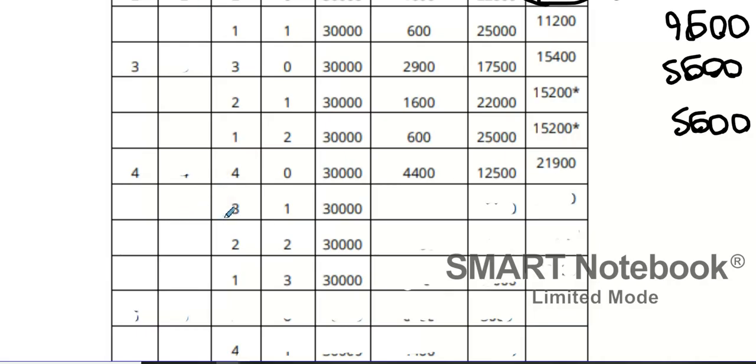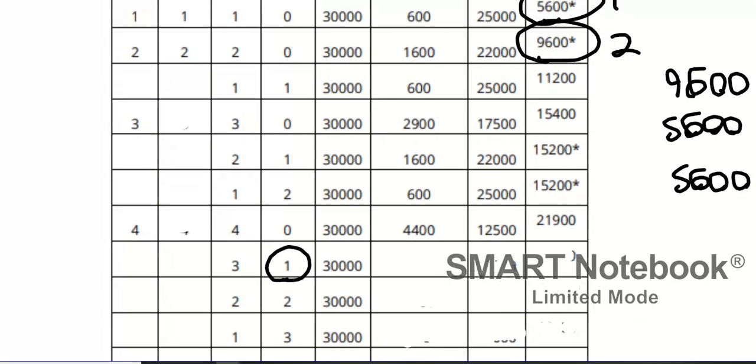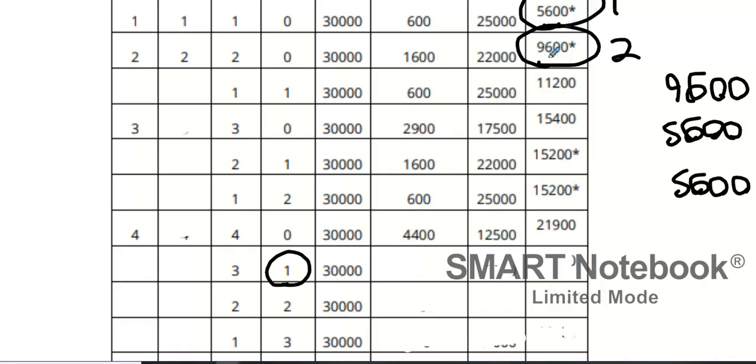Keep it for 3 years and leave 1 year remaining. Now, what's the cheapest 1 year remaining? Everybody see up here? That's going to be worth 5,600. Now, 3 years worth of maintenance is 2,900.